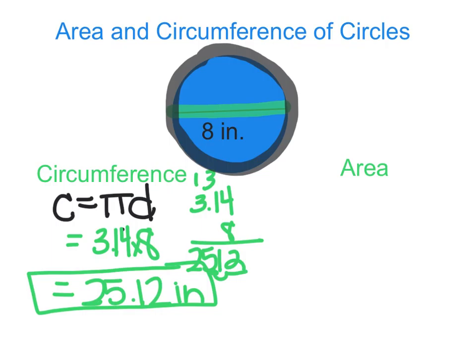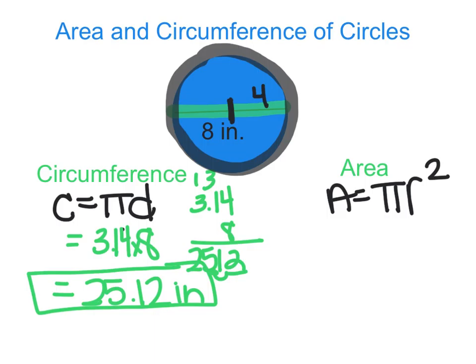Then I'm going to consult my NISA sheet and see that the formula for area is pi times radius squared. Now in this circle I'm given my diameter. A radius is always half of that. So if all the way across is 8, I know that halfway across is 4.